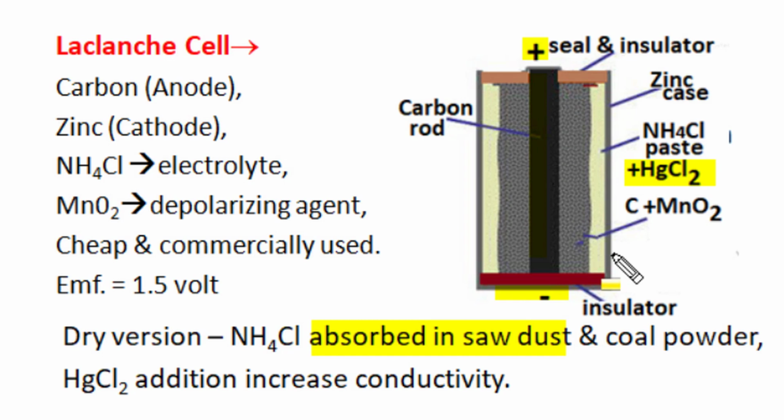For depolarizing action, we use manganese dioxide as oxidizing agent, and to increase conductivity of MnO2 powder, we add carbon dust in it. The domestic cell used in clocks, transistors and other electronic devices is this dry version of the Leclanche cell.